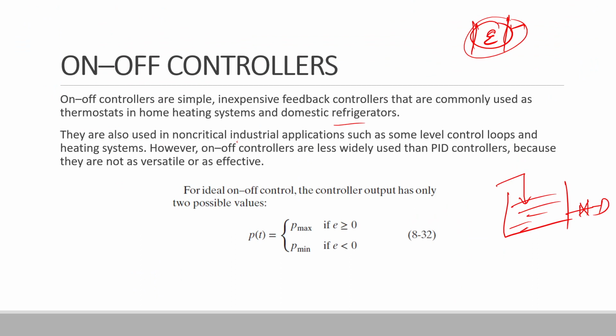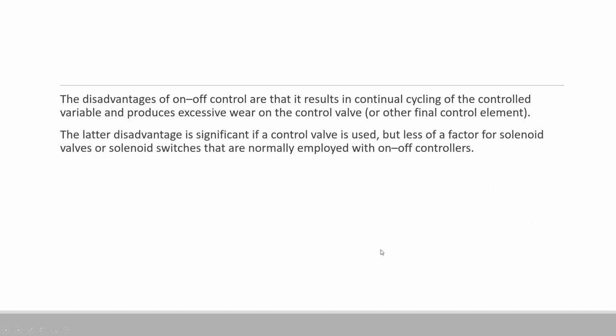Yes, as discussed, for an ideal on-off controller, the controller output only has two possible values, whether it is opening or whether it is closing. The disadvantages of on-off controllers are that they result in continual cycling of the controlled variable and produce excessive wear on the control valve.